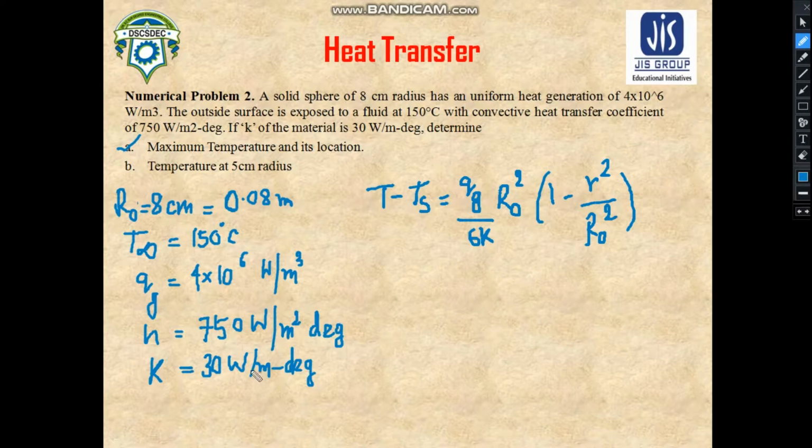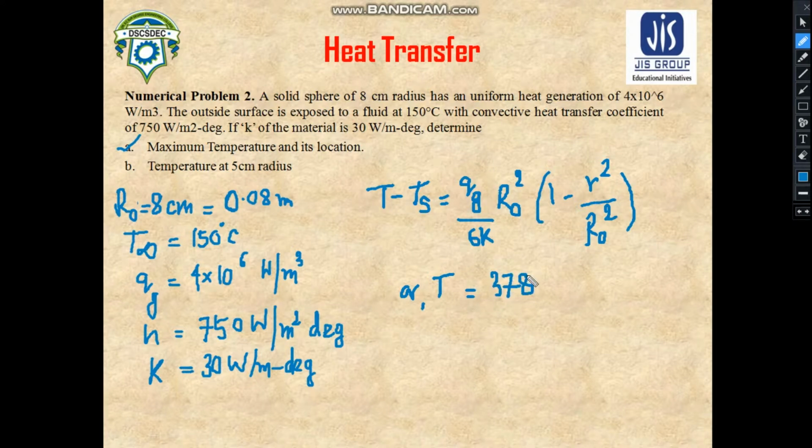You know Ts, you have already calculated Ts as 292.22, you know Qg, you know R0, and R is nothing but 5 centimeter. So always remember to convert centimeter into meters. After you put all the data, you'll find that the temperature at 5 centimeter radius would be 378.99 degrees Celsius.